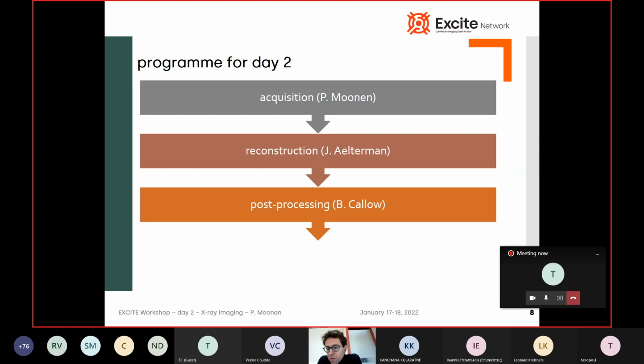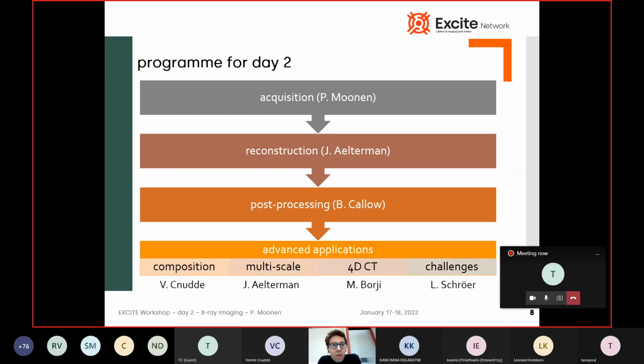From then on, we provided 4 more time slots with pitch talks about advances and advanced applications, one dealing with compositional information, one with multi-scale information, one with more temporal information, and a last talk that discusses the challenges that are still present in X-ray imaging.